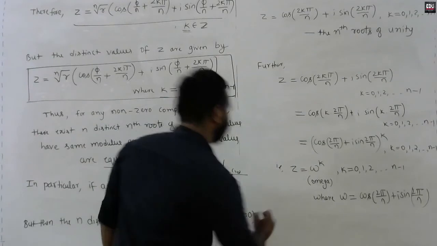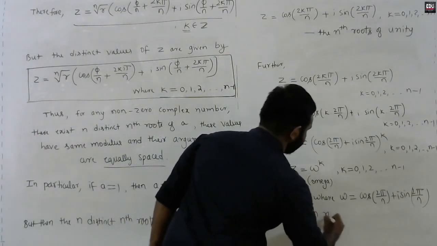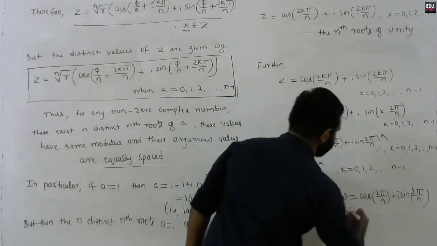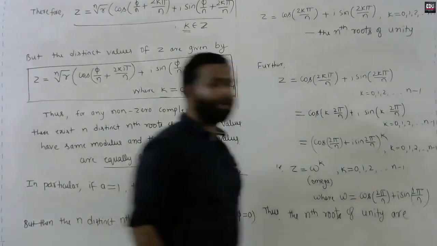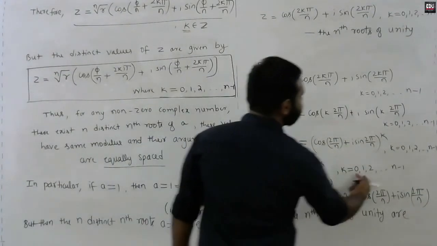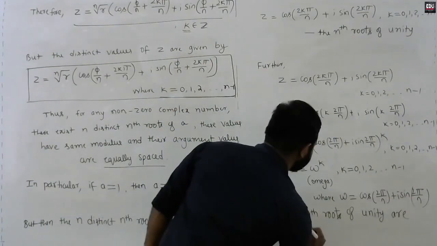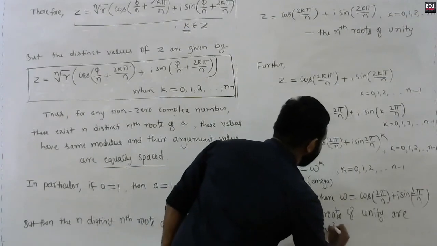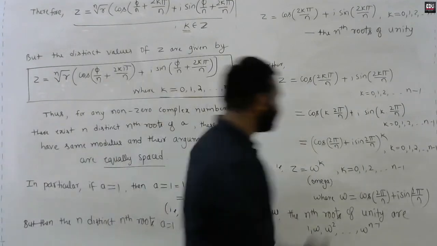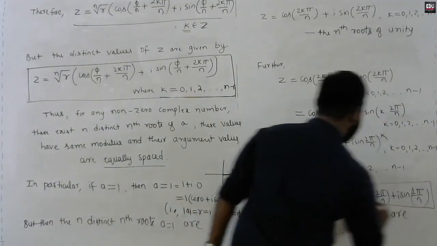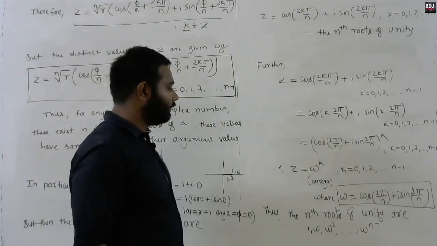Thus the nth roots of unity are, just vary k: k is 0 means omega power 0 is 1. So 1, omega, omega square, up to omega power n minus 1, where omega is cos 2 pi by n plus i sin 2 pi by n.